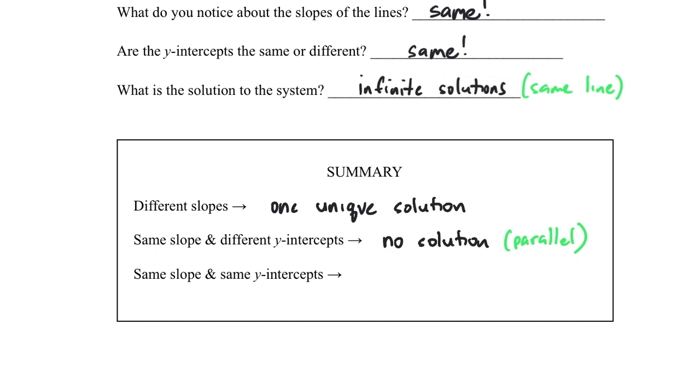And if we have the same slope and the same y-intercept, we have infinite solutions, because those are the same line. And that's that.